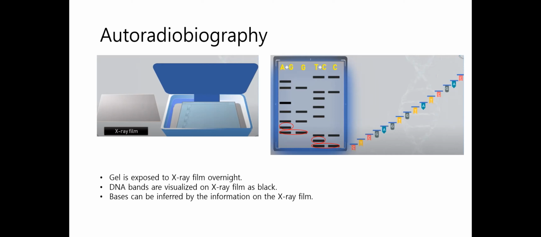For the second circle, there is only one black band on the T plus C, and this means that the base at this position is T. And for A plus G and G, the analyzing method is the same, and because it's symmetrical, by this way, sequencing is possible. Thank you for listening to my presentation.